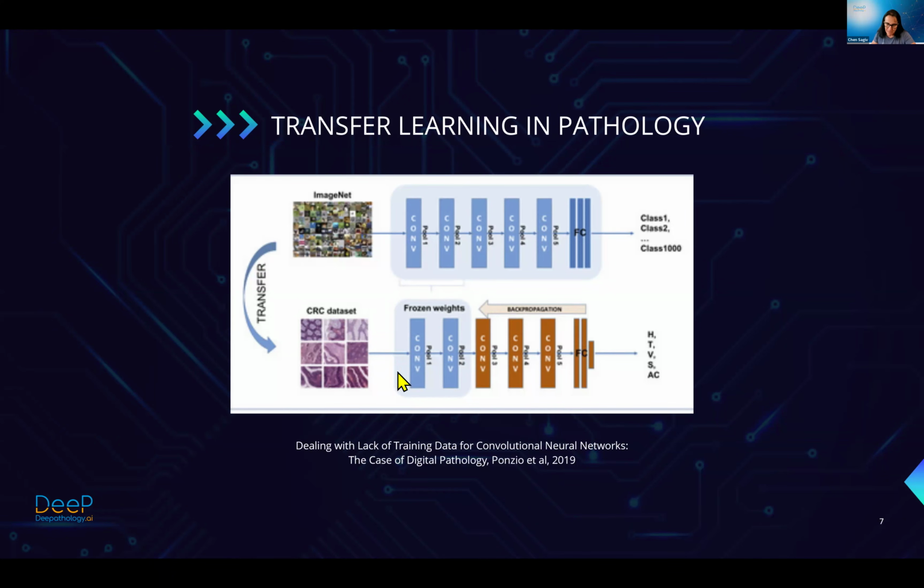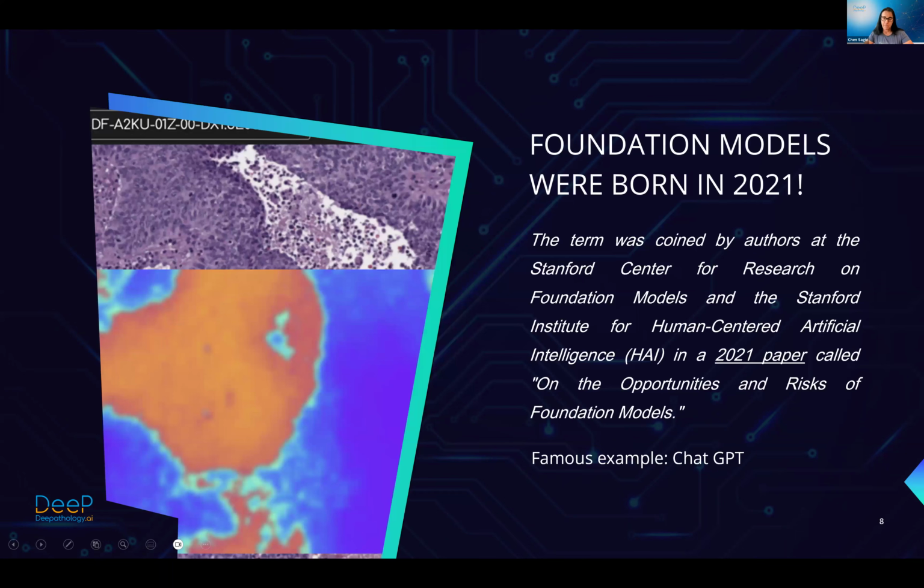So you take some of the weights already trained, someone else did the work for you, and you are training only part of the convolutional layers and the fully connected layers. And this seemed to work pretty well.